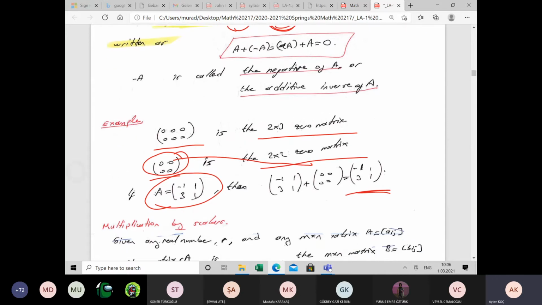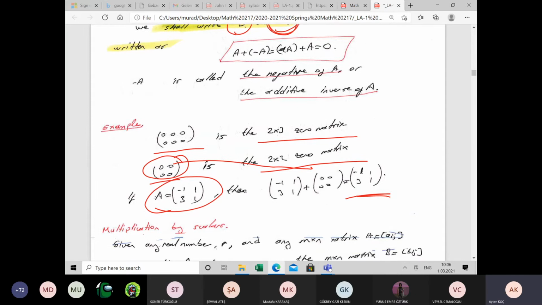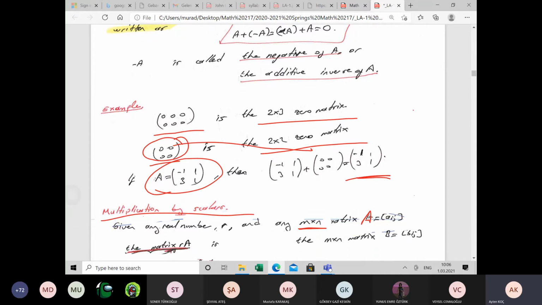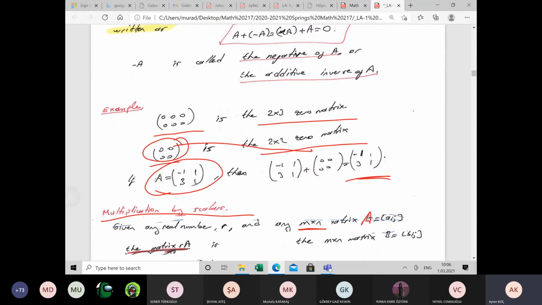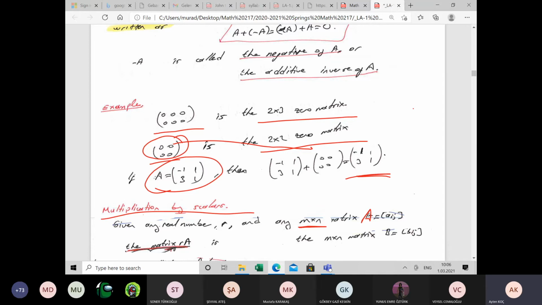Our aim is to produce new matrices by using this operation. So take an m by n matrix A. It's okay. M by n matrix. And take a scalar R.